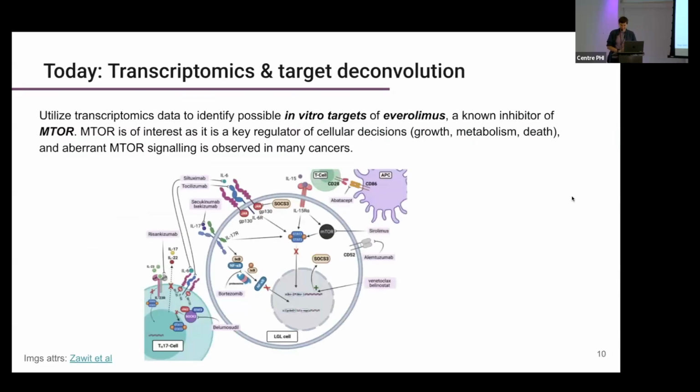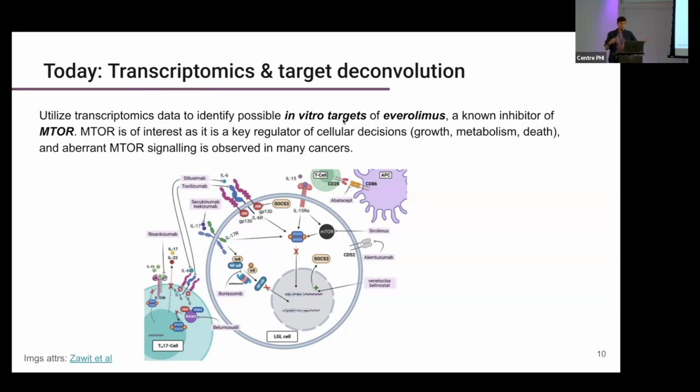Getting more specific, in today's lab we're going to be looking at the drug everolimus. If anyone knows how to say that, please tell me now. I have only ever read the name of this drug. If not, bear with me. We'll try and figure out in vitro targets of this drug.